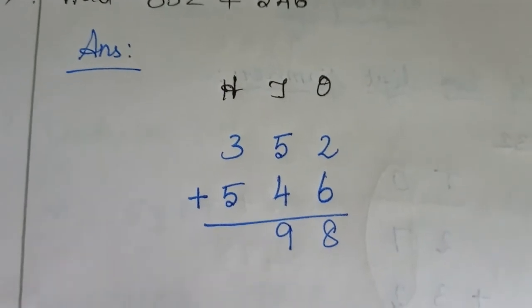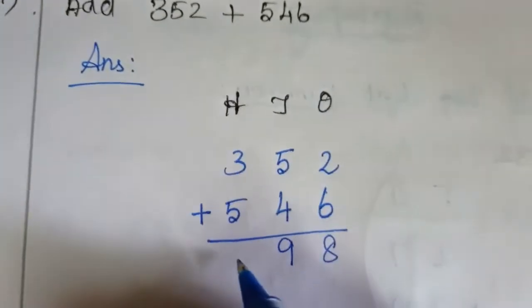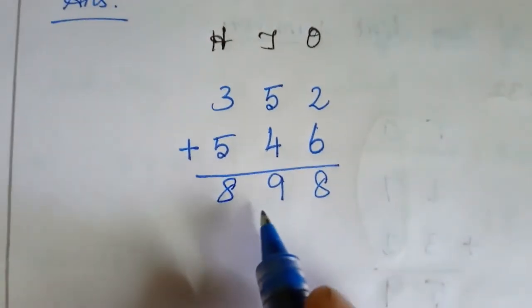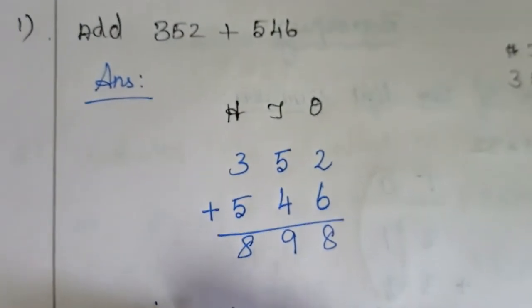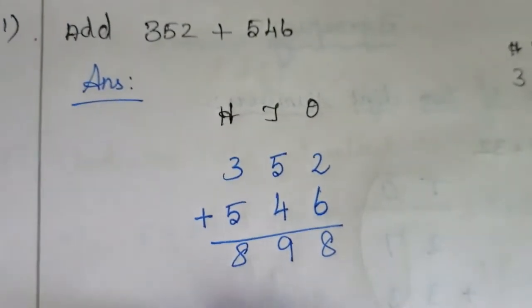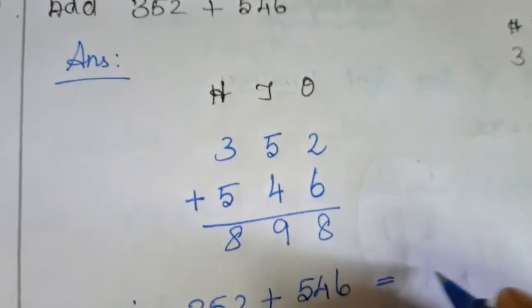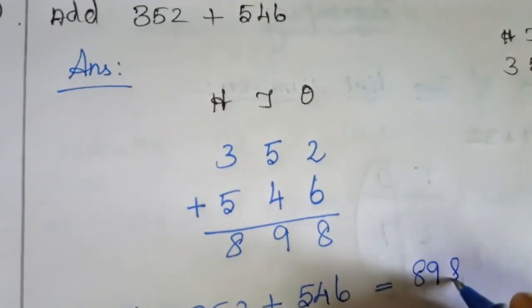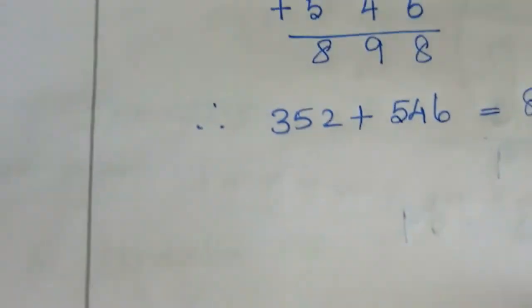So 5 after 6 7 and 8. Okay, so the answer is 898. Okay ma? So if you add 352 and 546, you can get the 898. Okay children, now children, let's do the next question.